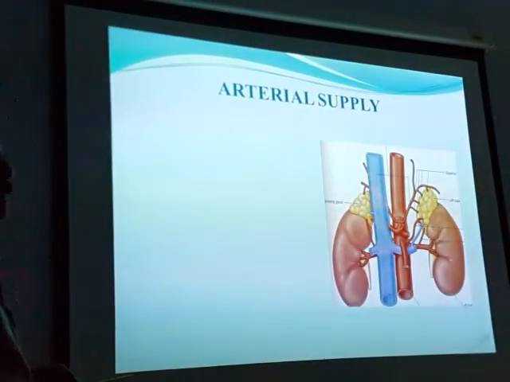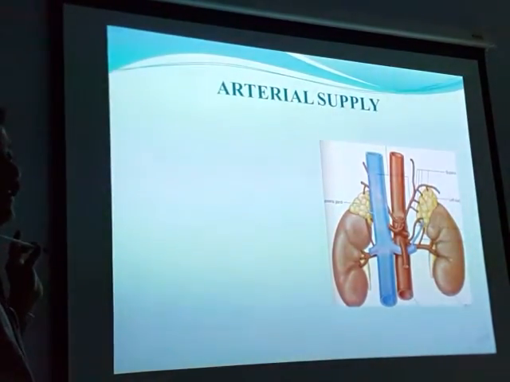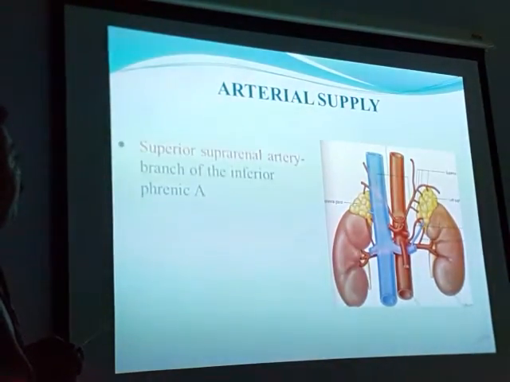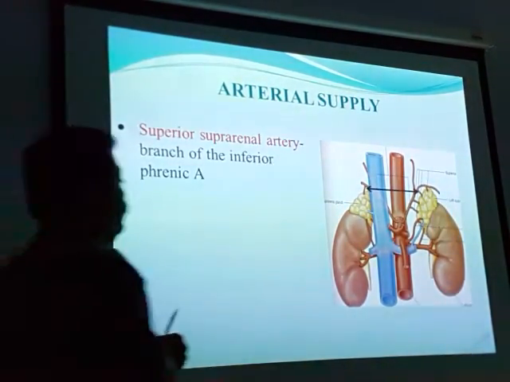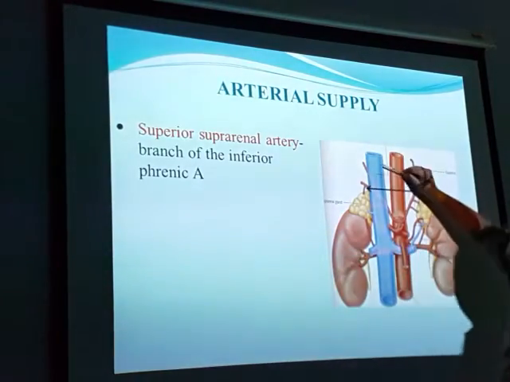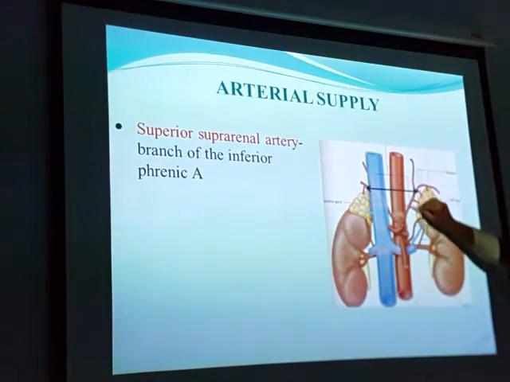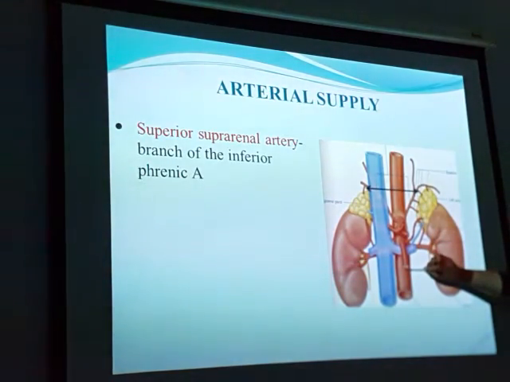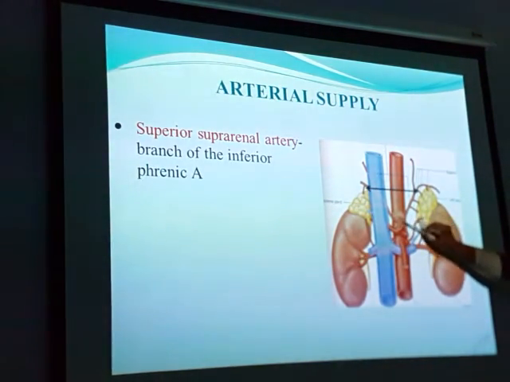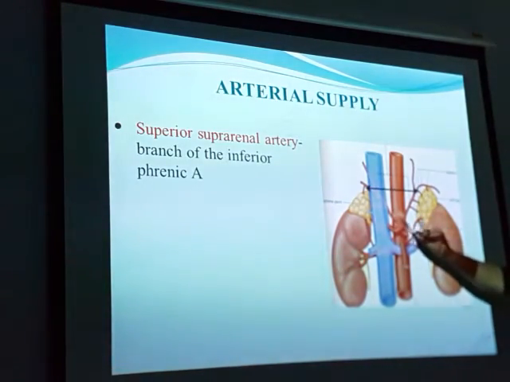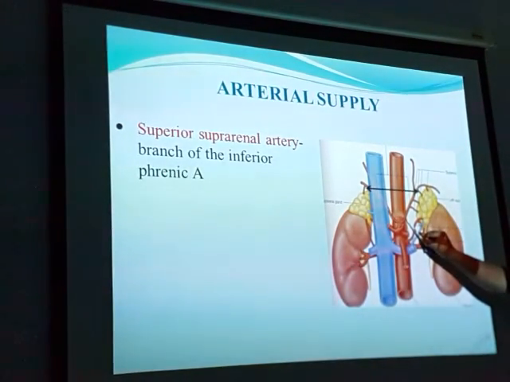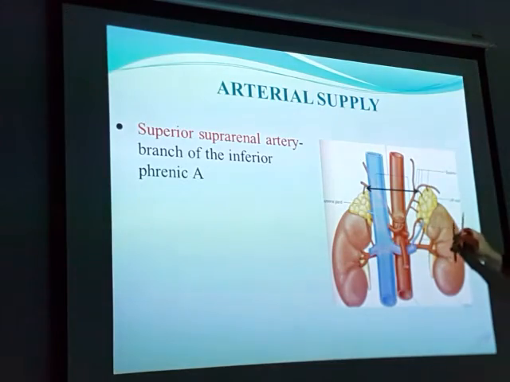Next is the arterial supply of the suprarenal gland. This is the inferior vena cava and the abdominal aorta. On either side, right and left, is the inferior phrenic artery.